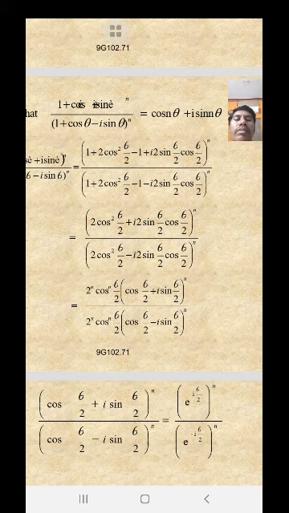That equals to 2 power n into cos power n theta by 2. We are taking common here. So in the bracket we can write (cos theta by 2 plus i sin theta by 2) whole power n.